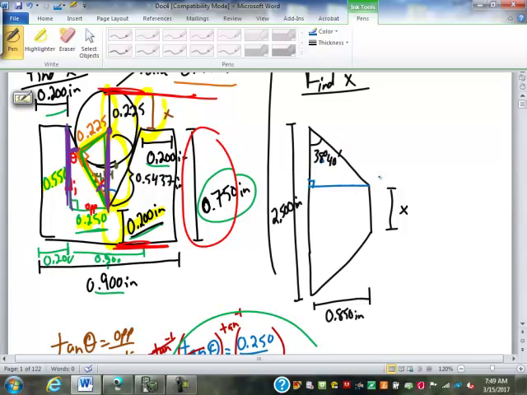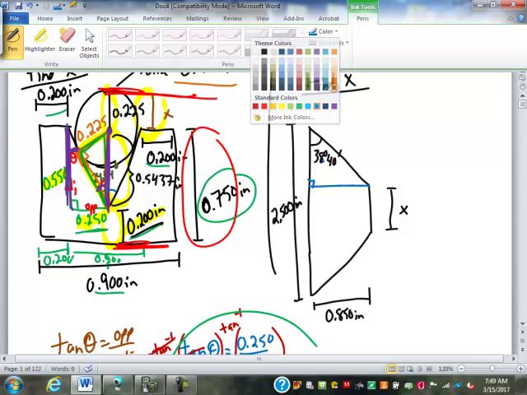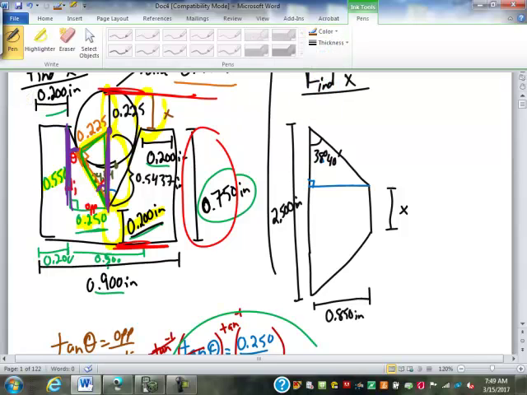The only way I can create a right triangle from that is to go off the vertical here, so I have to create a horizontal. Again, you know that a horizontal will always form a right angle with a vertical. So in that triangle, we know that this side is 0.850 inches, because it has to be the same as this dimension here.